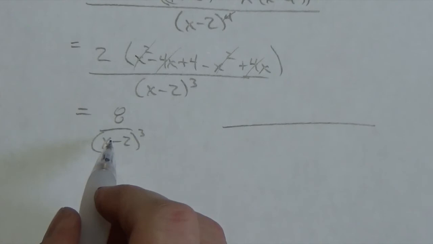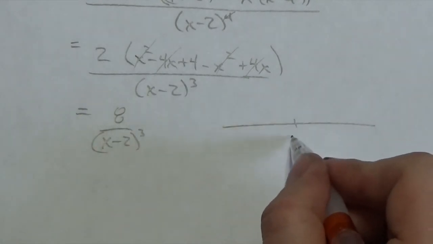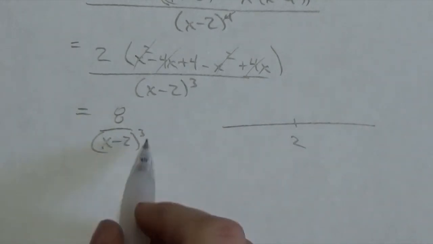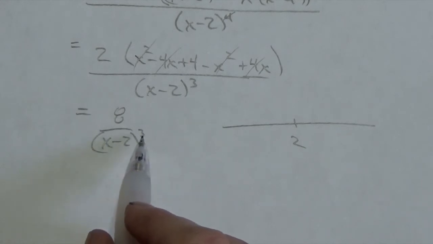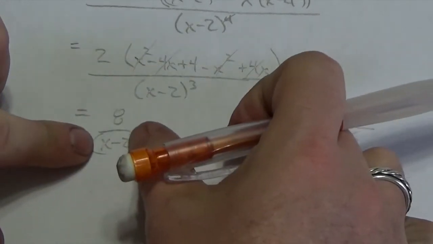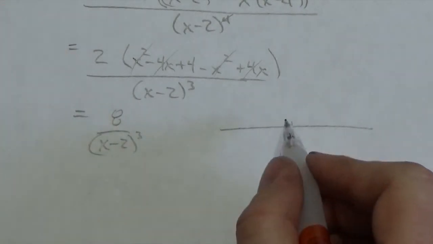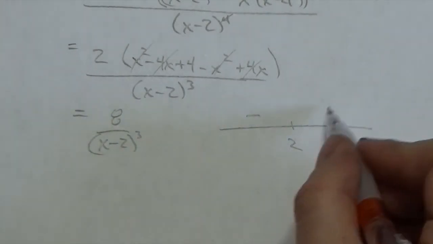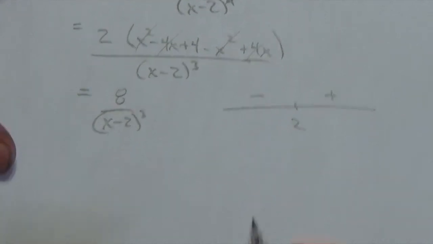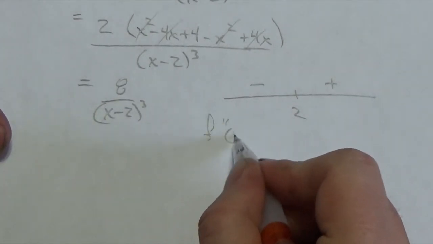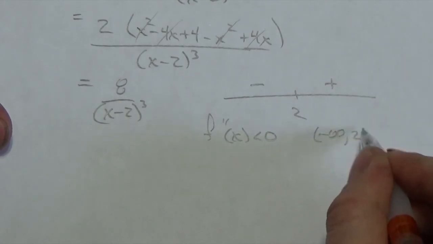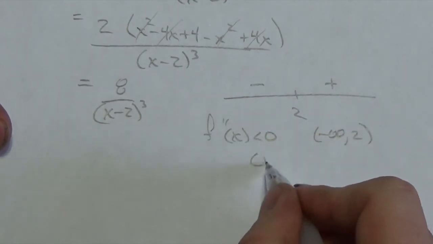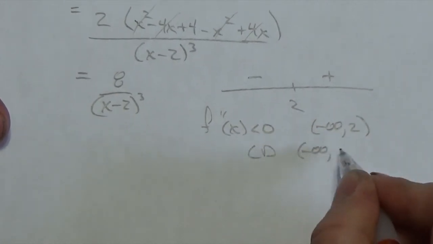So my second derivative here doesn't ever go to 0, but it is undefined at 2. If you pick any value of x less than 2, that binomial becomes negative, and the cube is going to keep it negative. So it's going to be negative here, and then on the other side it'll be positive. So my second derivative is less than 0 on the interval negative infinity to 2, which means this is concave down from negative infinity to 2.